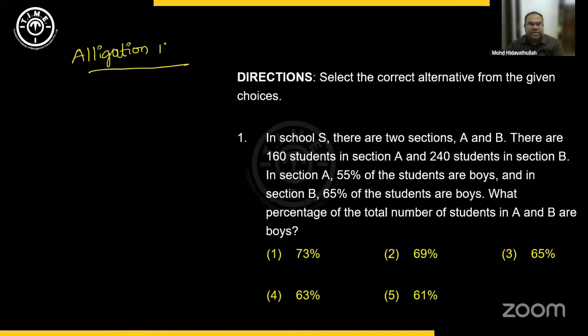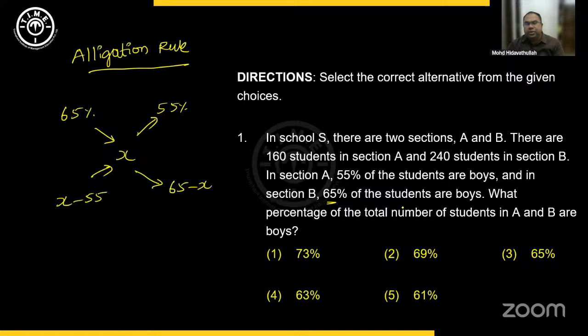You write the highest value here, that is 65% are boys, and the lowest value here, 55%. The overall average we don't know, let me write x here. This is 65 minus x, this is x minus 55.